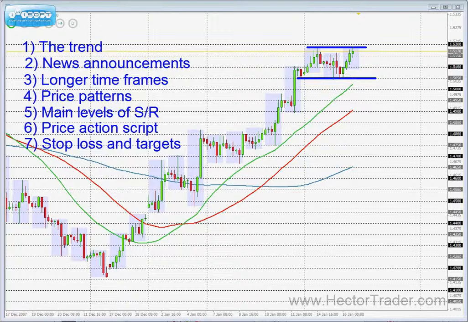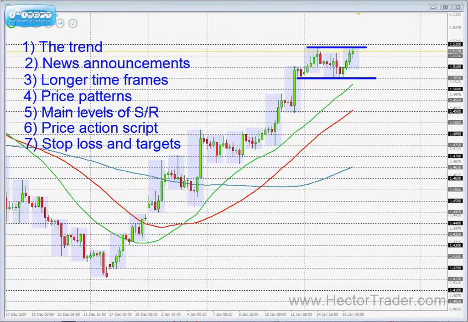I just want you to remember that before you actually pull the trigger, you must know where you will exit the trade, or at what level you are looking to bail out. Both if it goes wrong, and therefore we're talking about your stop loss level, and if, hopefully, it goes in your direction, and therefore we are talking about your price targets.